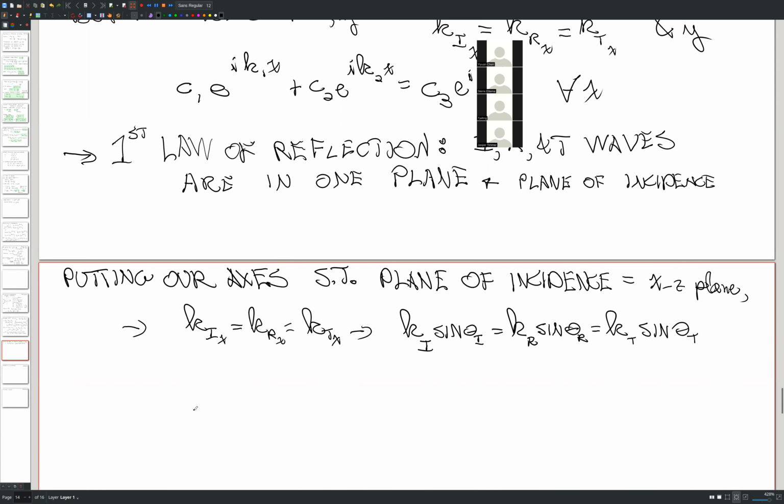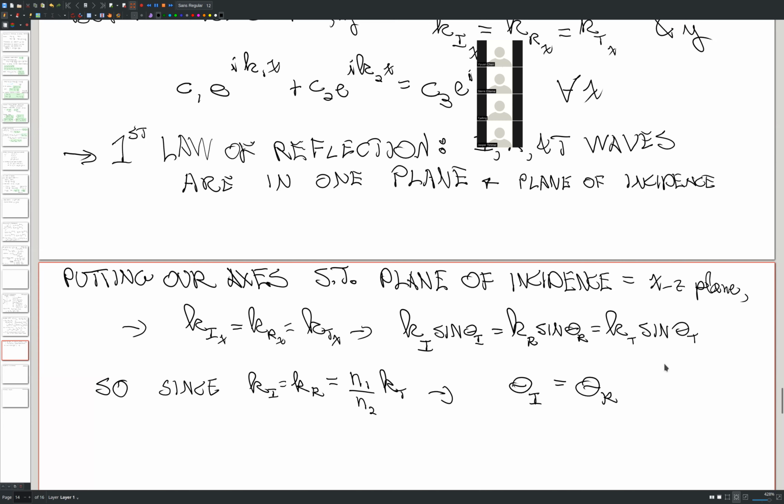Since, like we've shown before, k_i is equal to k_r, and is equal to n1 over n2 times k_t, what I get is theta_i is equal to theta_r.